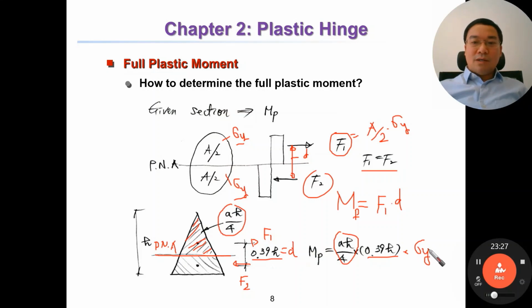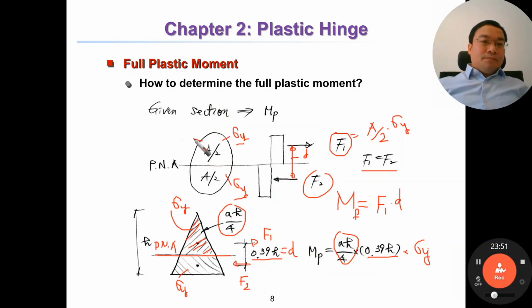Okay, sigma y. So again, in this case, sigma y in compression and in tension are the same. Okay, compression and tension are the same. Then we divide the section into two equal parts.